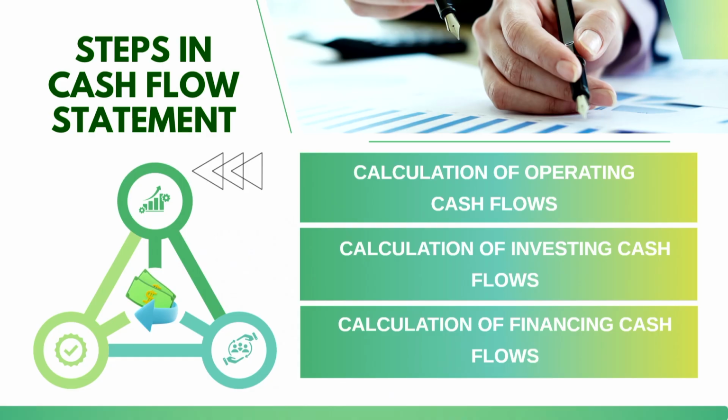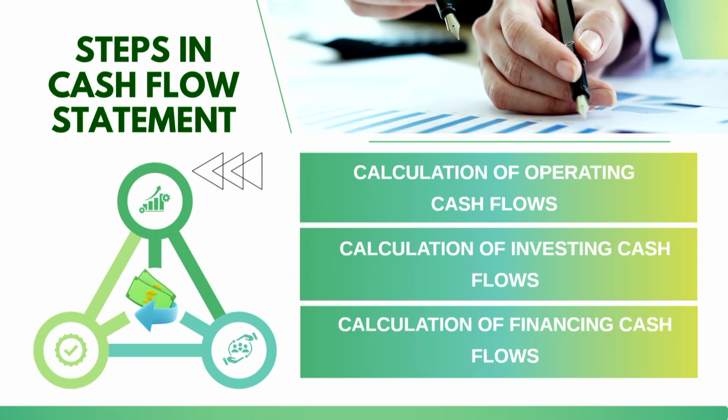To start with, the first step is calculation of operating cash flow or cash flow from operating activities. When you talk about cash flow from operating activities, we are simply referring to the day-to-day activities related to different functions of a business that are executed at the end of the body corporate.